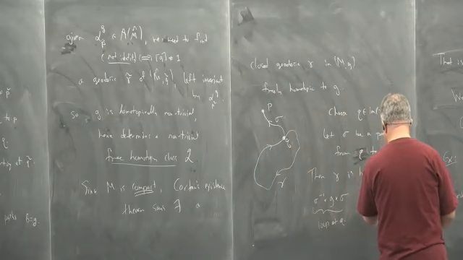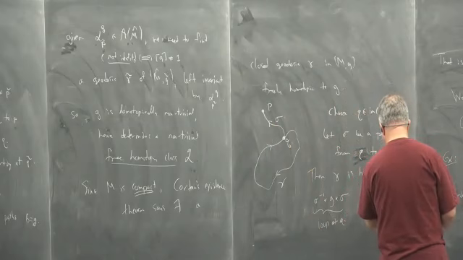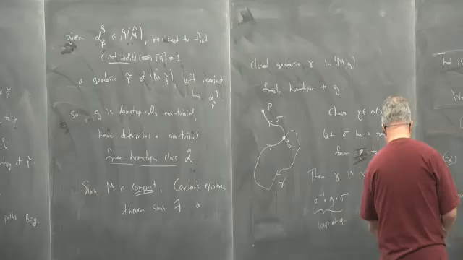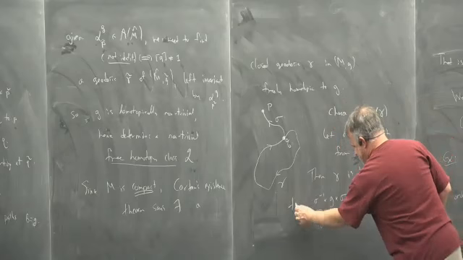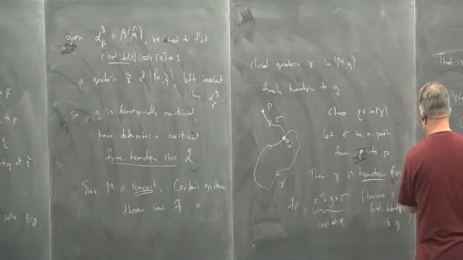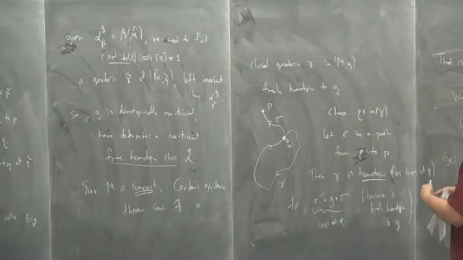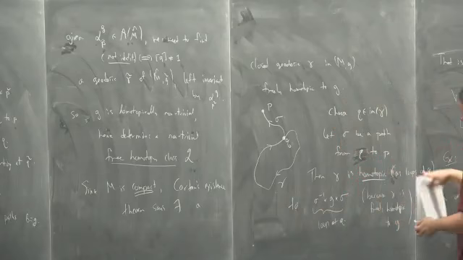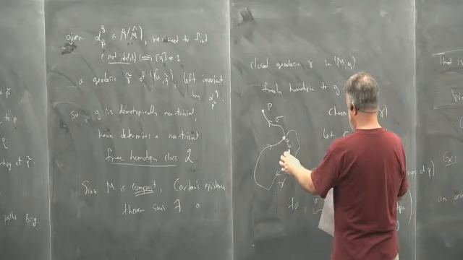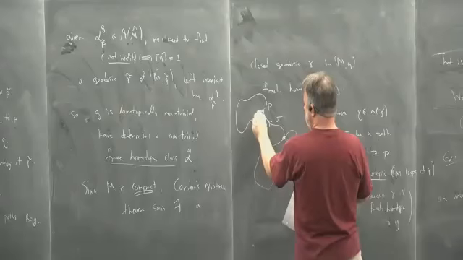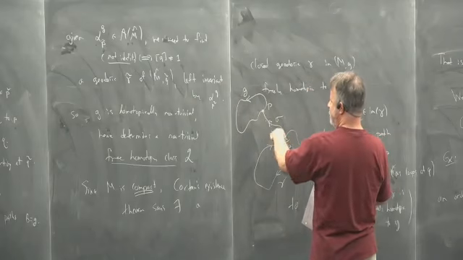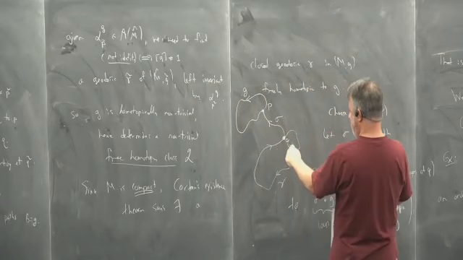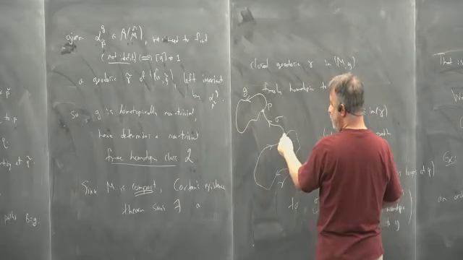And this is because gamma is freely homotopic to G. So when I say this is homotopic, this is as loops at Q. I didn't go over this, but when I said that free homotopy classes correspond to conjugacy classes in the fundamental group, essentially what that means is that if I took two curves which are freely homotopic to each other, G is a loop at P, and then I join a point on one to a point on the other, going first here, then around G, and then back, I get a loop at Q, and this is homotopic as loops at Q to gamma.